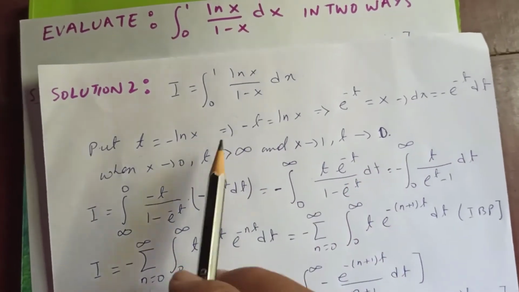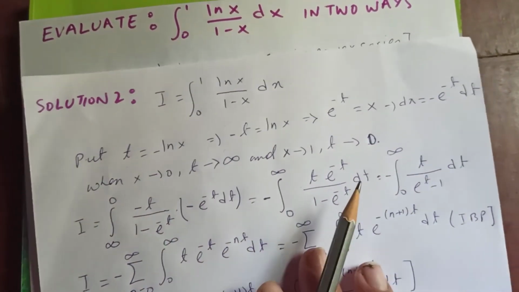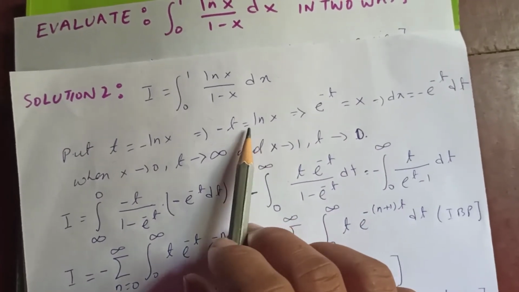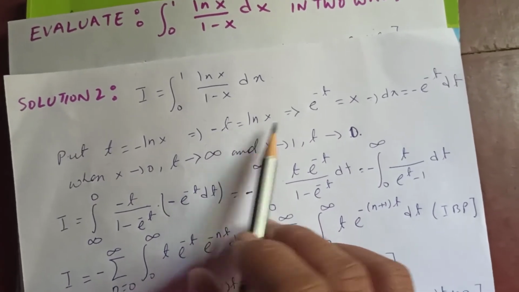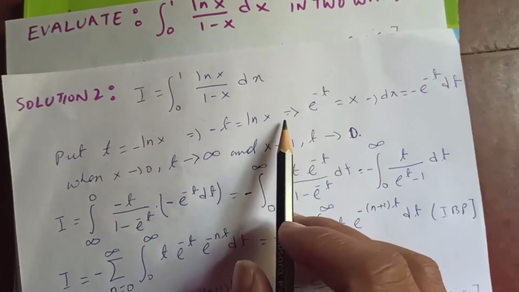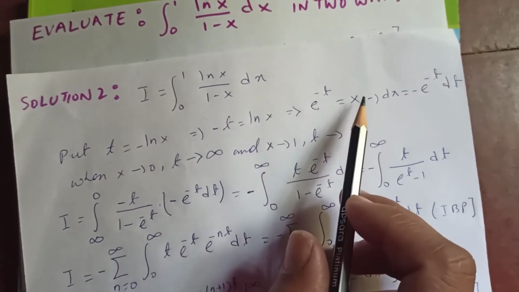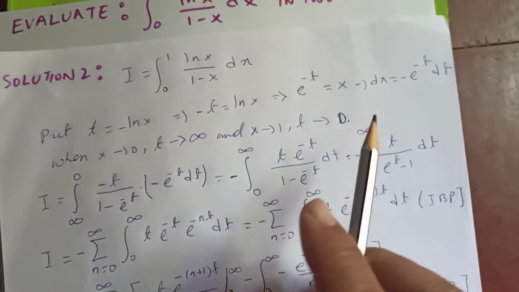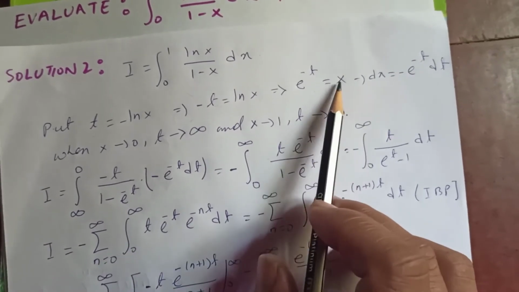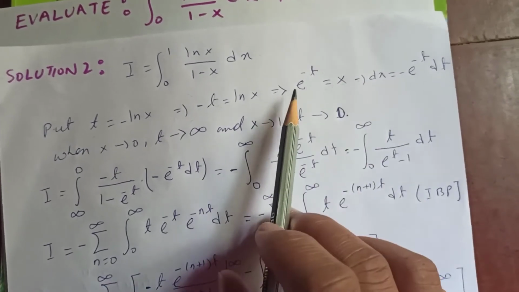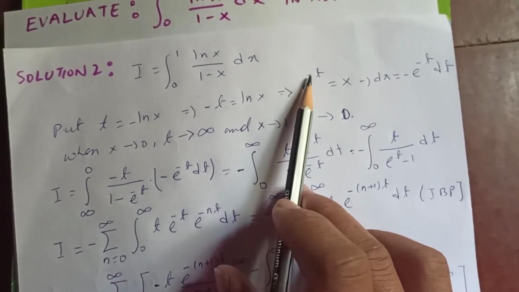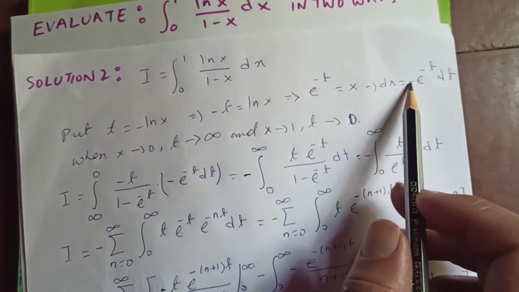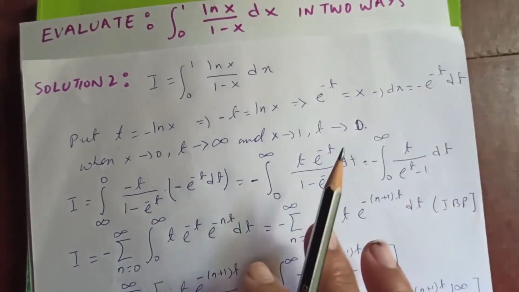Why do we use negative t here? You will see later. This implies that if you take the exponential of both sides, e to the negative t and e to the ln x, which is nothing but x, by using the law of exponents. Now if you differentiate, dx equals minus e to the negative t dt, since the derivative of the exponential function is the same, with the negative sign.